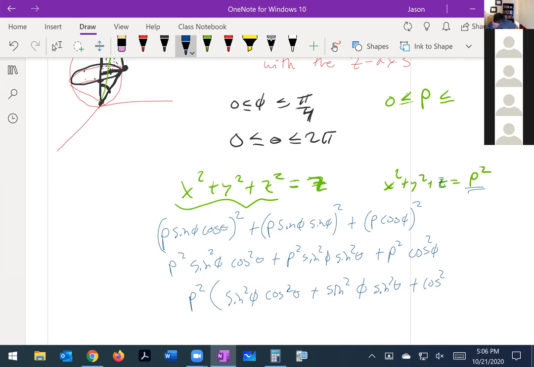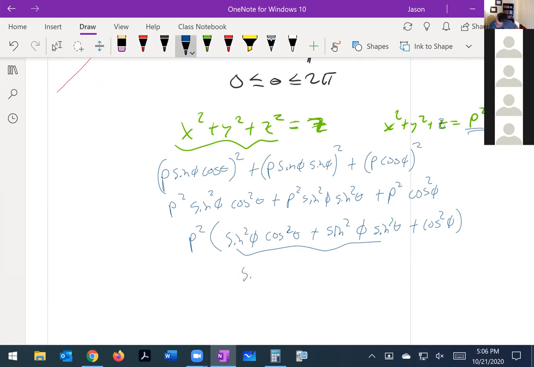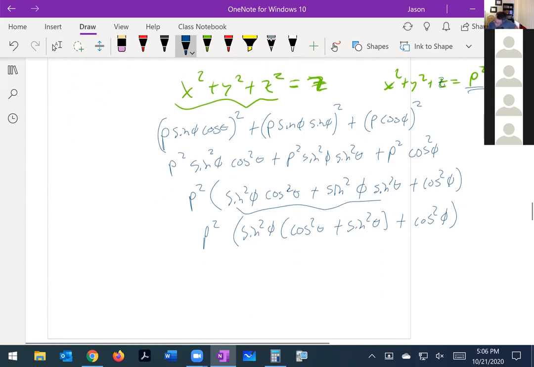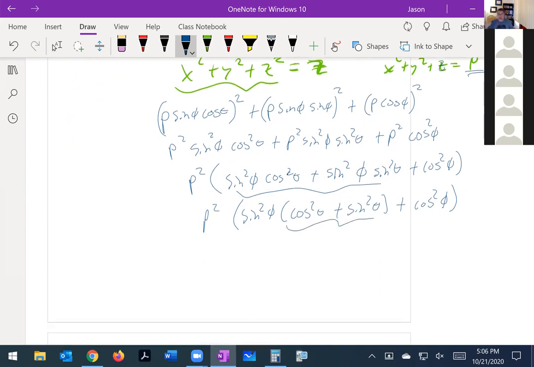On these two I factor out the sine squared phi: rho squared times sine squared phi times cosine squared theta plus sine squared theta, plus cosine squared phi. But what is cosine squared theta plus sine squared theta? 1. Thank you, Wu.